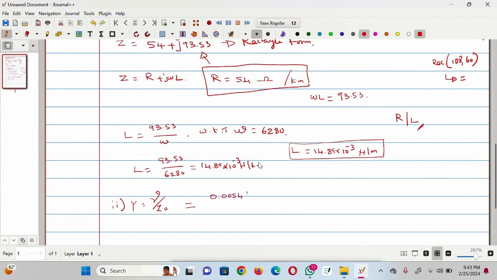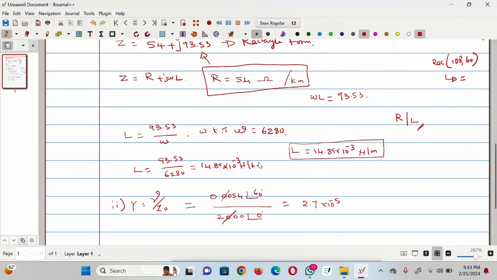0.0054 at an angle of 60 degrees over the Z naught value, which is 2000 at an angle of 0 degrees. Already I told you, if angles are not given, you have to consider that value belongs to 0 degrees. Now if you divide these two real terms, you get 2.7 × 10 to the power of minus 5.